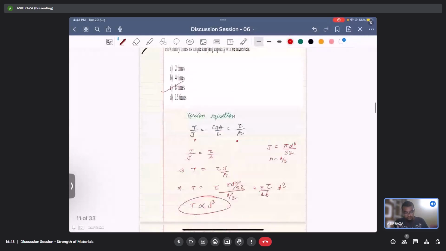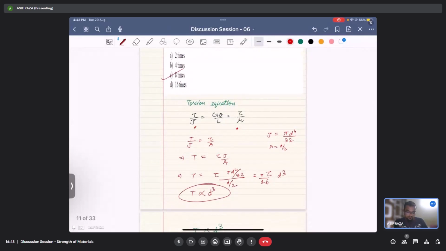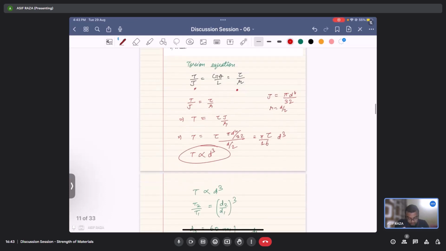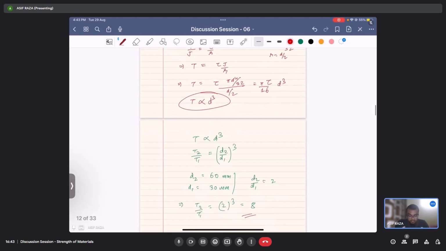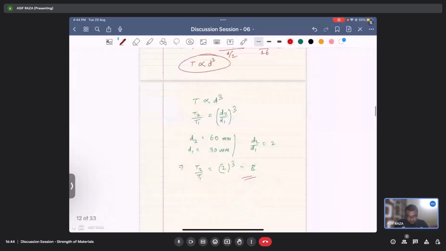For that we use the first and third expression of the torsion equation, and we find how the torque carrying capacity varies with diameter d, and we find that it's cubic. So since the diameter increases by 2 times, our torque carrying capacity will increase by 2 cube, which is equal to 8 times. Now let's move on to the next question.